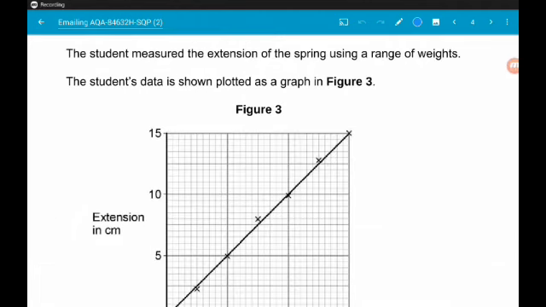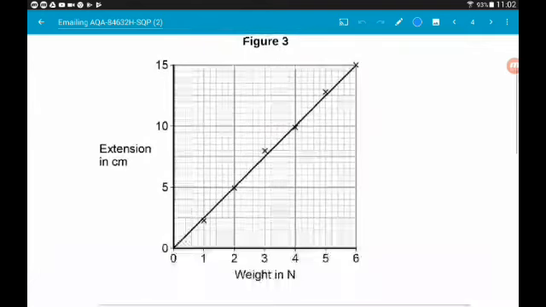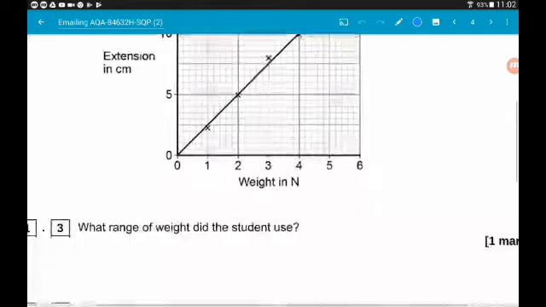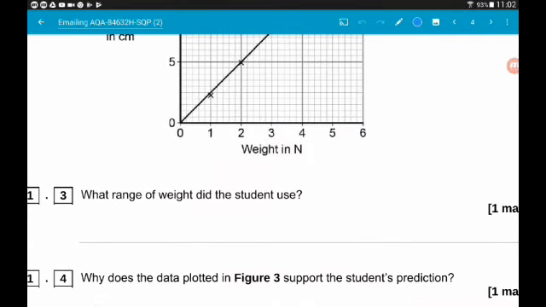The student measured the extension of the spring using a range of weights. The student's data is shown plotted in figure 3. So we've got our weights going along the bottom and the extension of the spring going up the side. 1.3 asks us what the range of weights were that the student used.